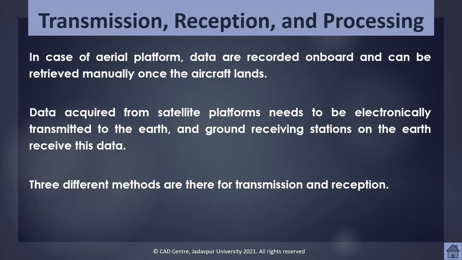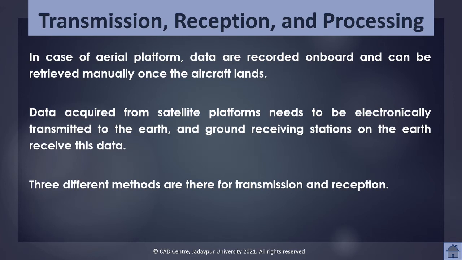However, the data acquired from satellite platforms needs to be electronically transmitted to the earth, since the satellite continues to stay in orbit during its operational lifetime. The technologies designed to accomplish this can also be used by an aerial platform if the data is urgently needed on the surface.